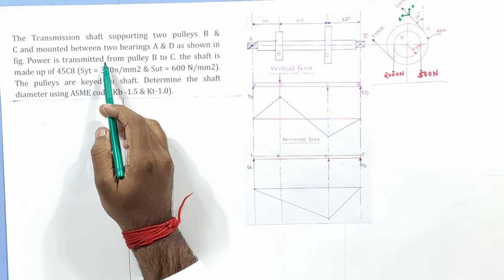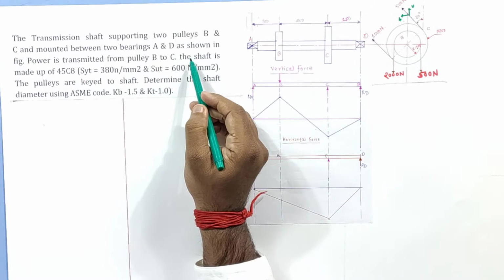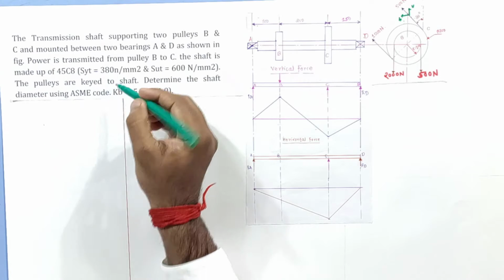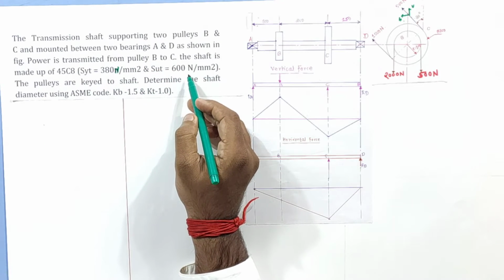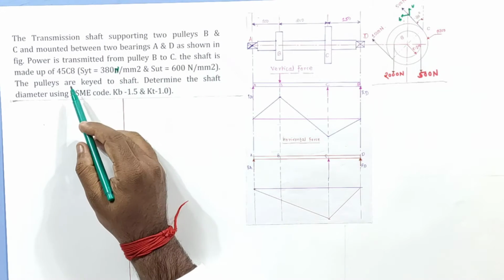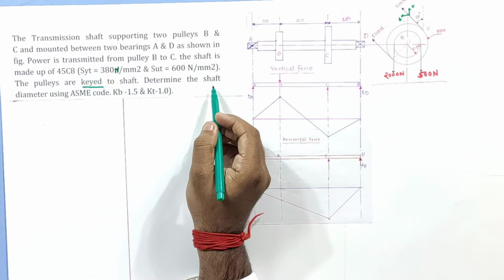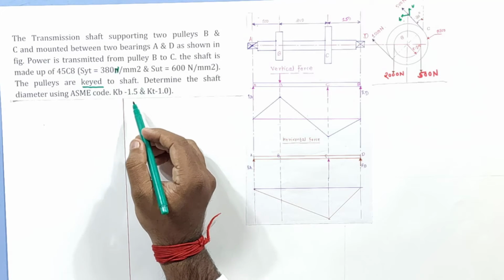Power is transmitted from pulley B to C. The shaft is made of steel, of course. SYT is given 300 Newton per mm square and SUT 600 Newton per mm square. SYT 380 Newton per mm square. The pulleys are keyed, keyway is present, to the shaft. Determine shaft diameter on the basis of ASME code.